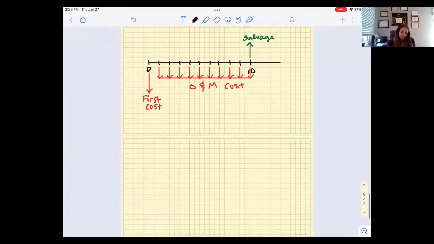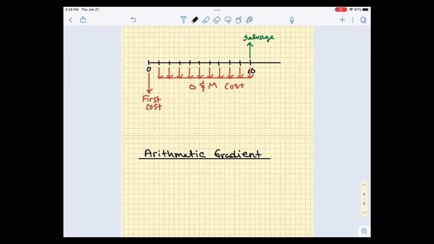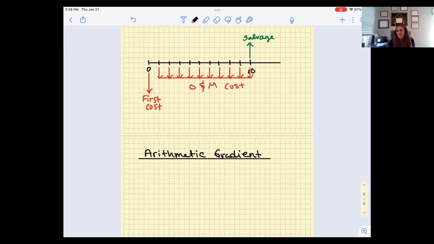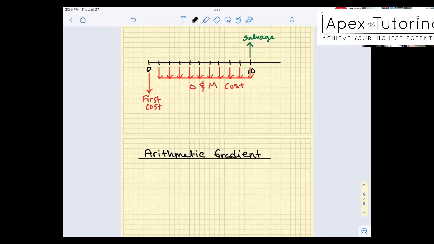Another one that we didn't go over last time I saw you is called an arithmetic gradient. What does the word arithmetic mean? Math. Yes. What does the word gradient mean? There's a slope of some sort. Yeah, some sort of slope.